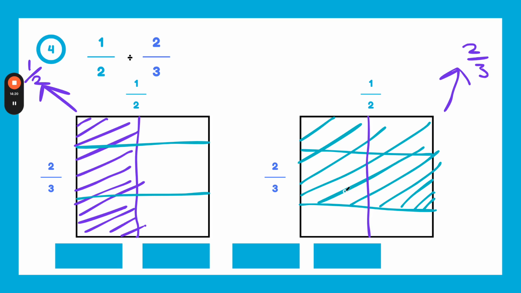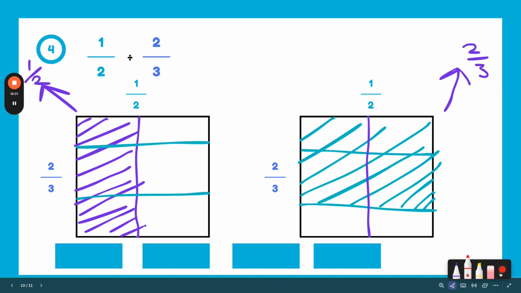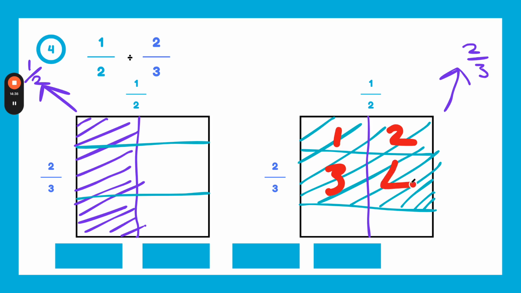So if we wanted to ask ourselves how many pieces make up 2/3, or our whole in this case. So there's 1, 2, 3, and 4. So 1, 2, 3, 4. 4 pieces make up 2/3 because there's 1, 2, 3, 4, and 2/3 of the square is shaded horizontally.